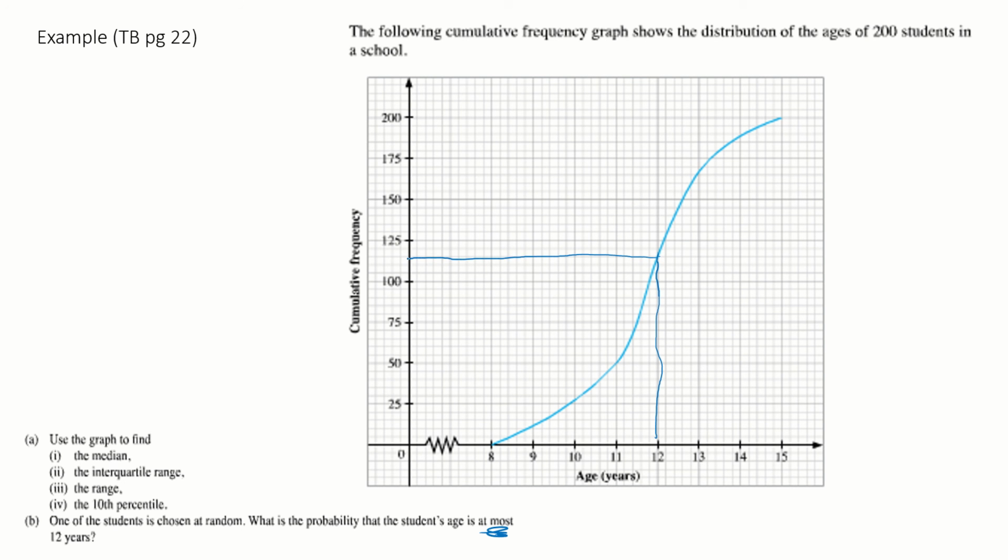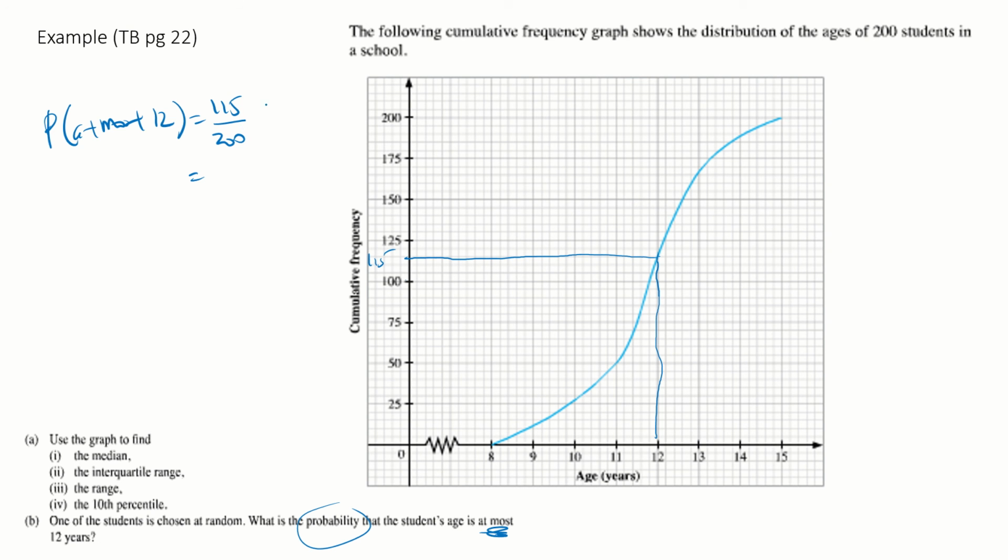So you find that there are 115 students who have ages at most 12 years old. So the youngest is 8, the maximum is 12, 115. But the question asks for probability. So the probability of at most 12 years old will be 115 over 200.